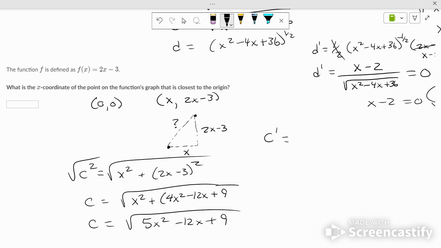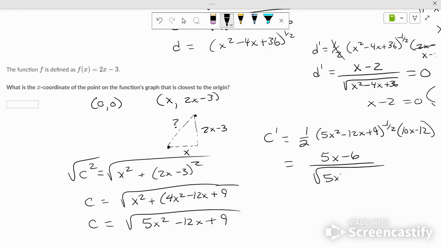What's the first derivative? Well, it's 1/2 times this to the negative 1/2 power times the first derivative of the inside, which is 10x minus 12. So this would give you 5x minus 6 over the square root of 5x squared minus 12x plus 9.